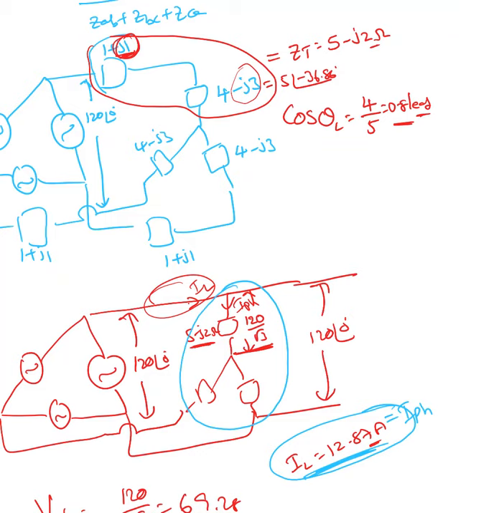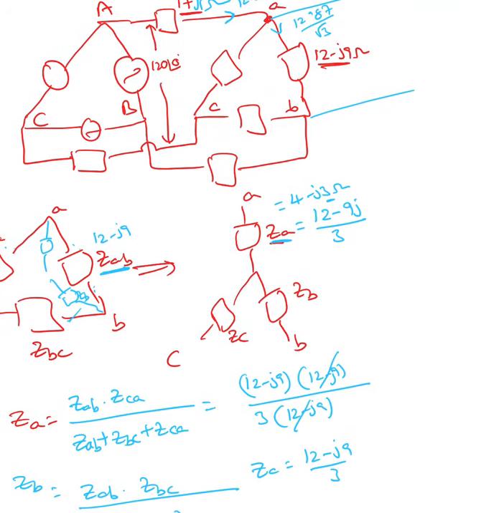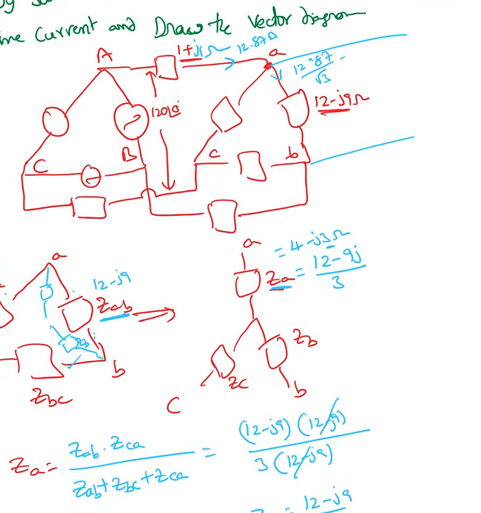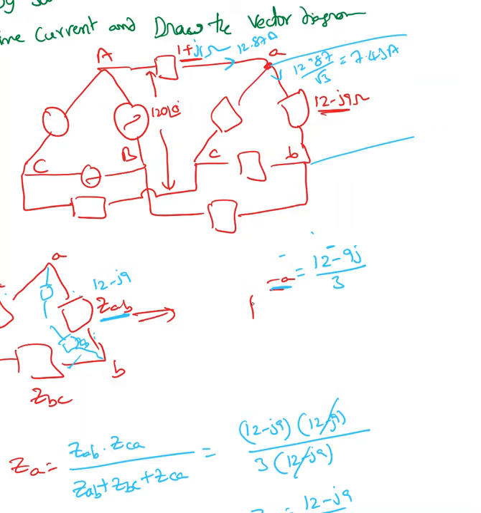When it comes to the delta connection, the impedance value is going to change, so the current passing through that impedance is going to change, but the line current will not change. That is the reason I'm choosing this as a line current. So the phase current here must be 12.87 divided by square root 3, which is 7.43 amperes.